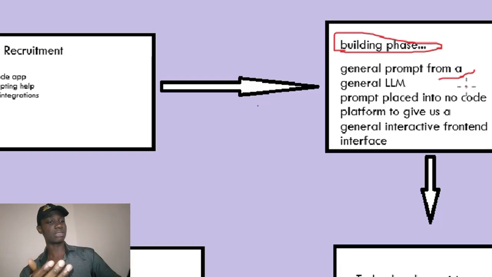Basically, the reason why I like this ChatGPT prompting style that I then send over to Lovable is that it actually helps me to build a bulk of the app at once. And then everything after that is just little tweaks. I don't have to start writing prompts for every step.